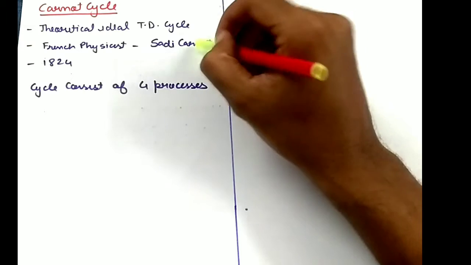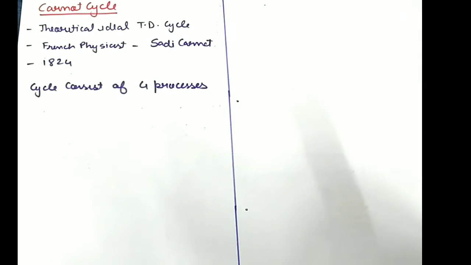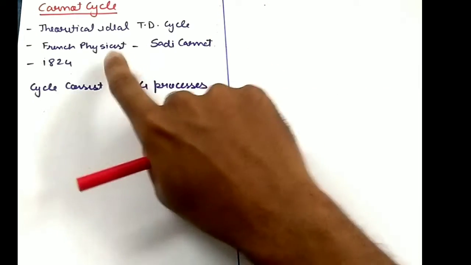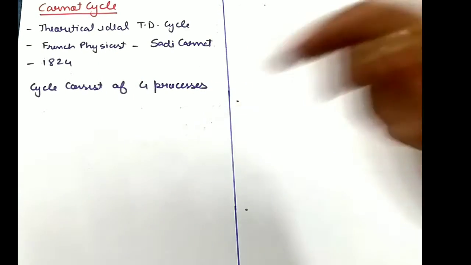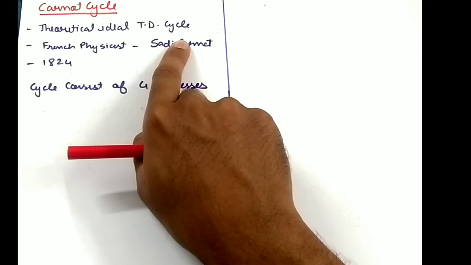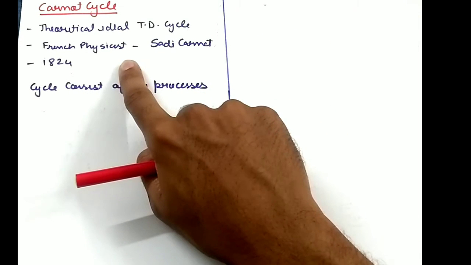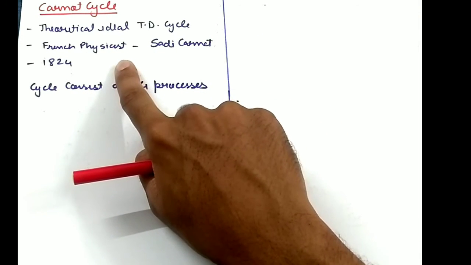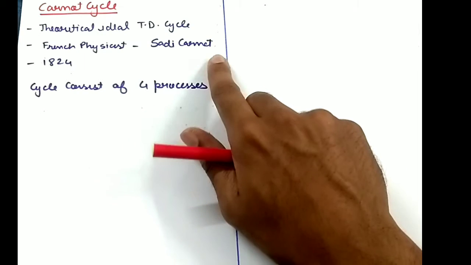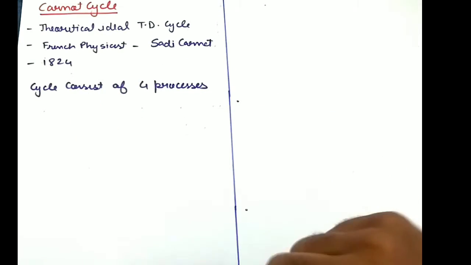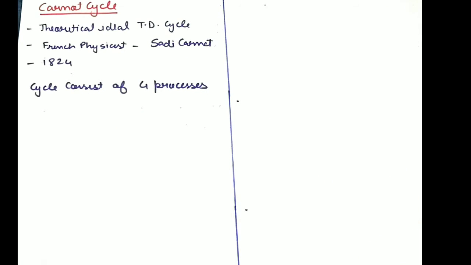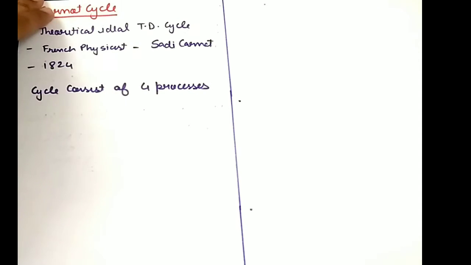This cycle is actually a theoretical cycle, where theoretical means it is just an ideal thermodynamic cycle. It was invented by a French physicist named Sadi Carnot in the year 1824. This cycle is actually a perfect engine.